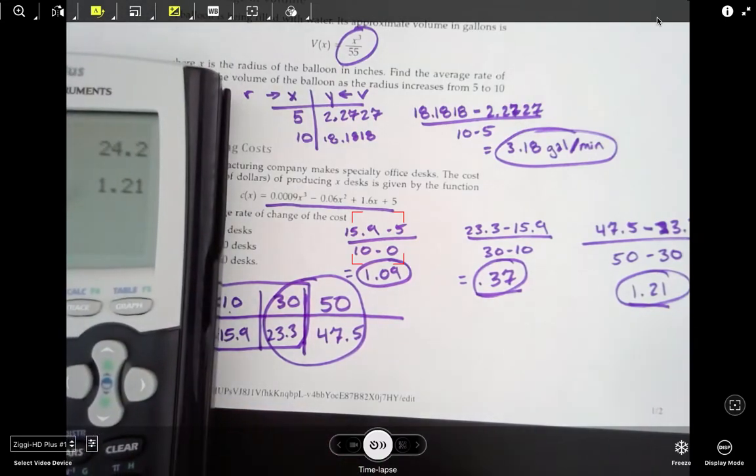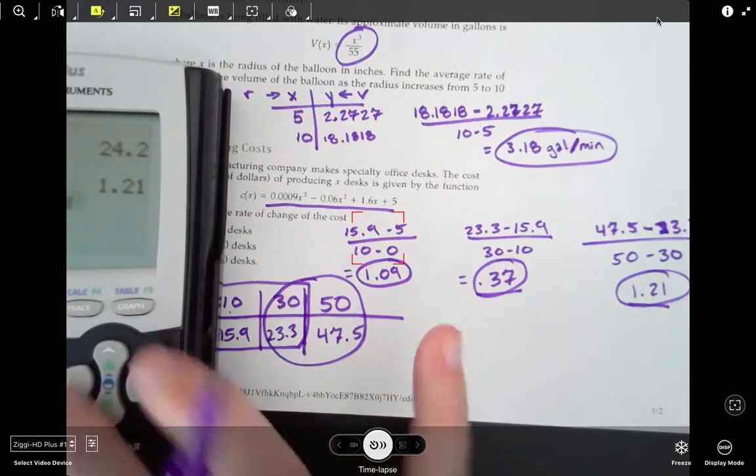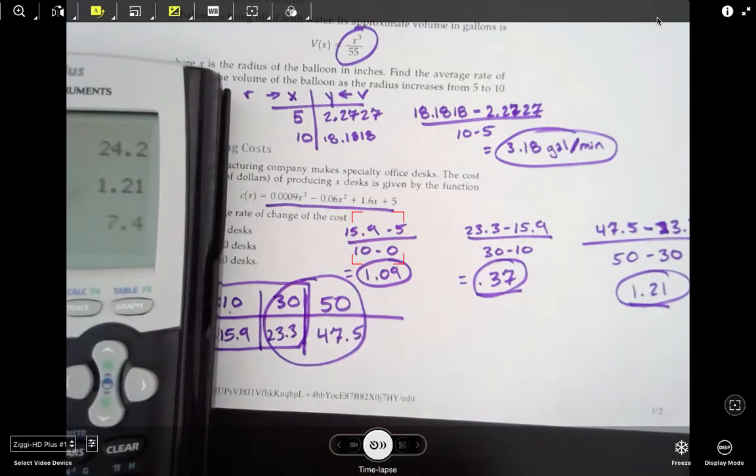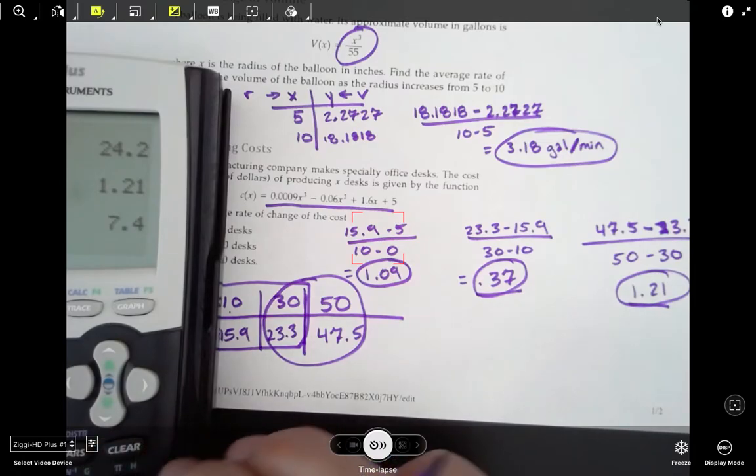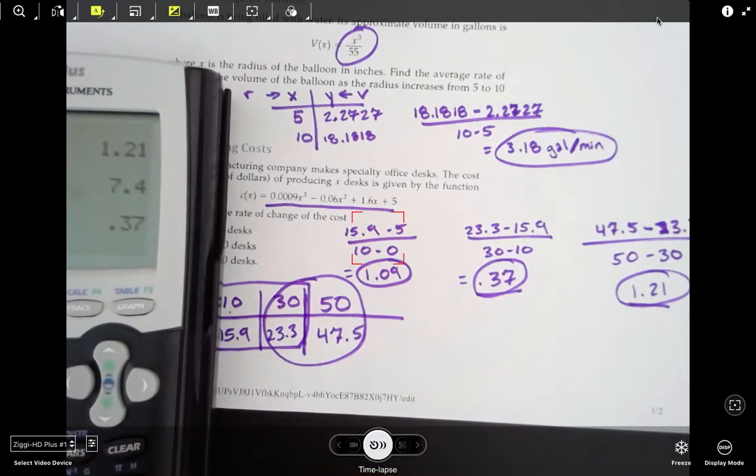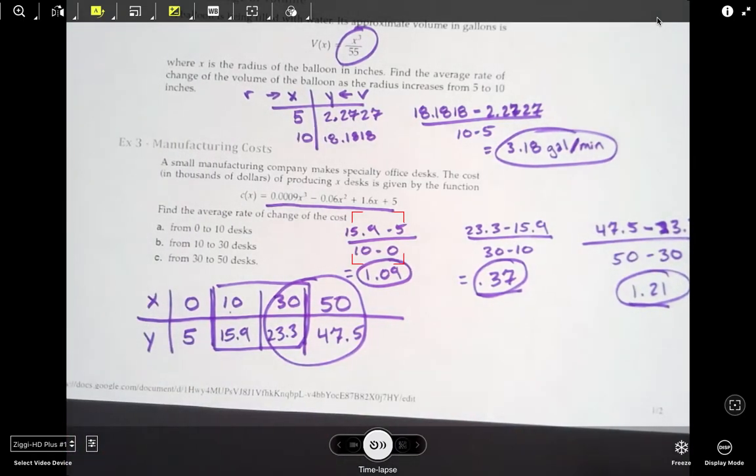I think I did that right. No, I did not do that right. No, yes, I did. I'm just checking these back again. Hold on. 15.9 minus 5 divided by 20. Yeah, I did this right. So there is that.